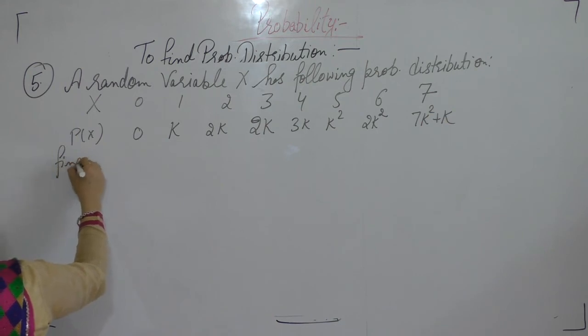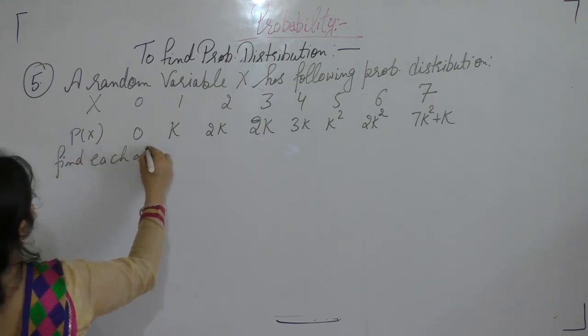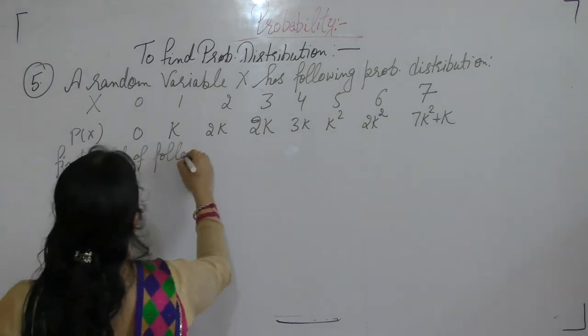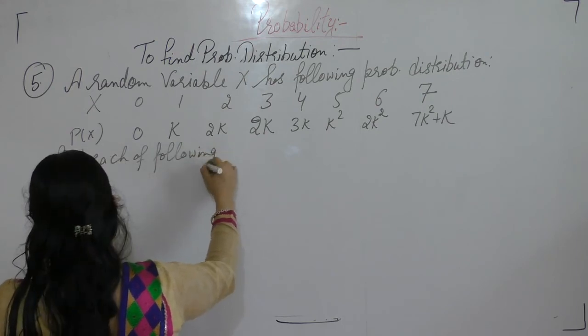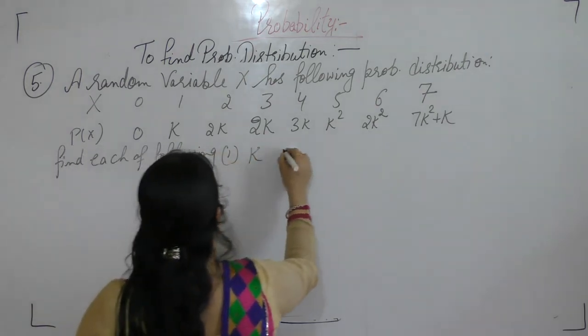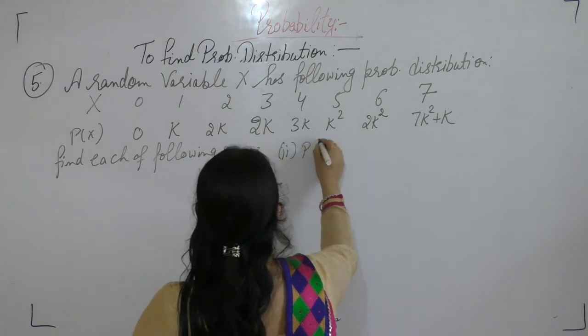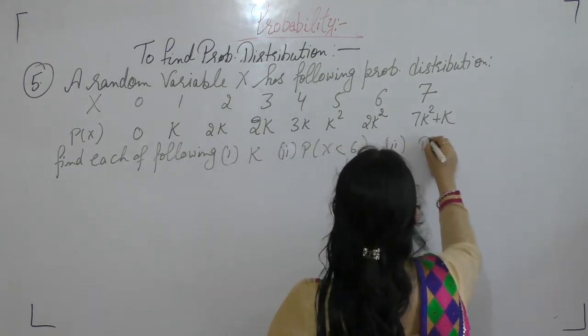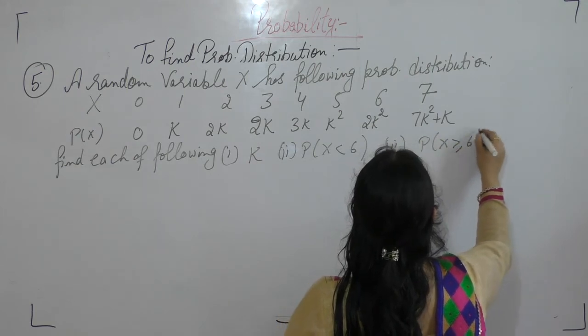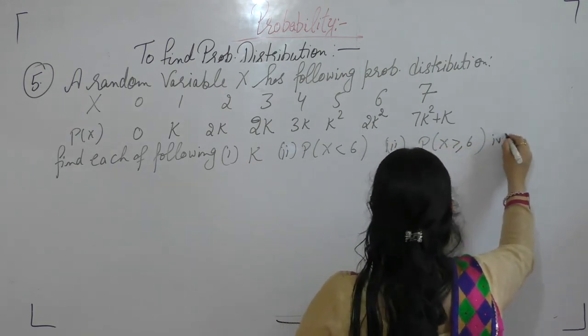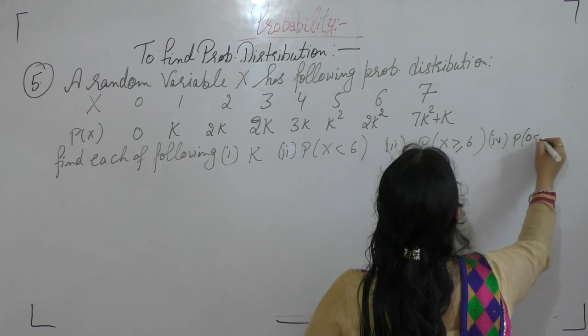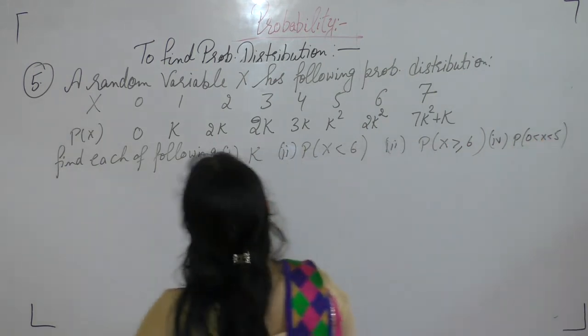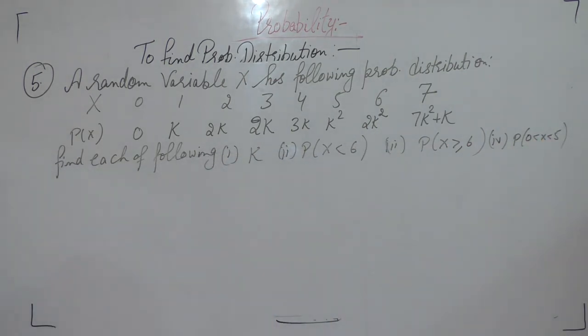Find each of the following: 1, k; probability x less than 6; probability x greater than or equal to 6; and probability 0 less than x less than 5.